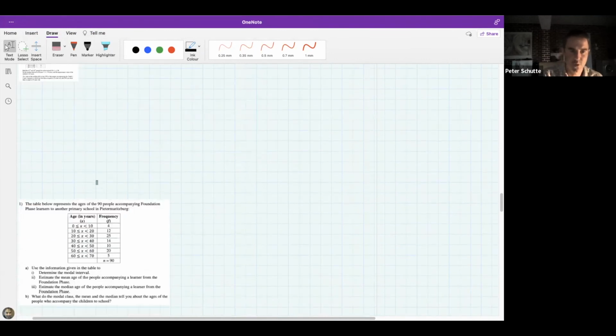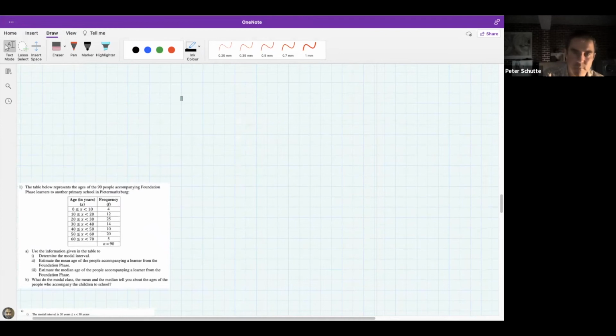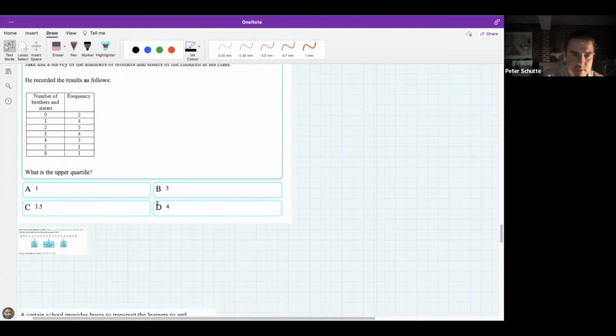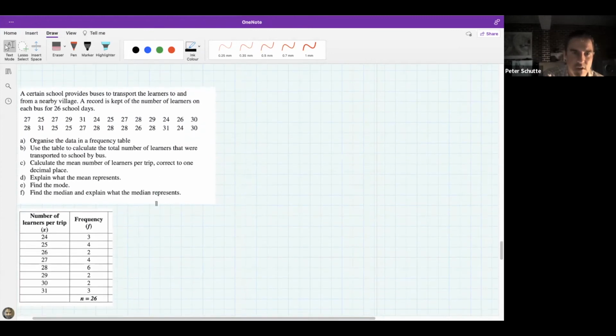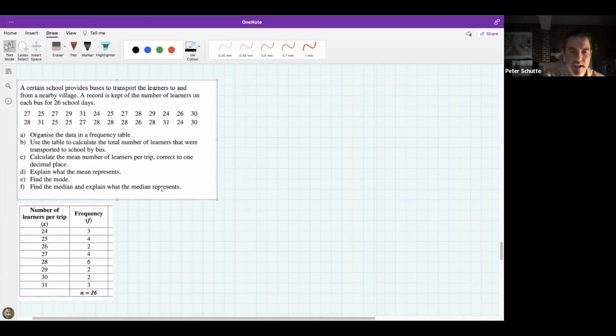Let's do one more. Sorry, these are all answers already. Okay, so I think we're going to do the last one of today. I'm not going to ask you to organize the data, but I'll show you what a question could look like where you organize the data. Here they give you a data set and it's all unarranged.